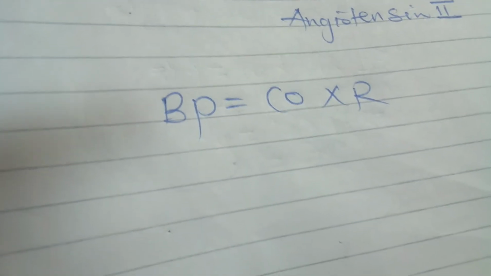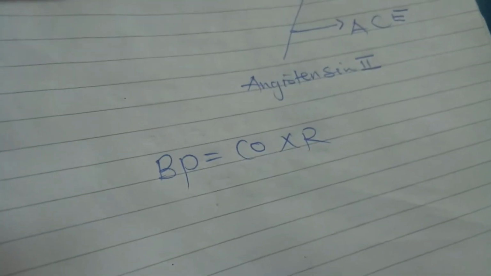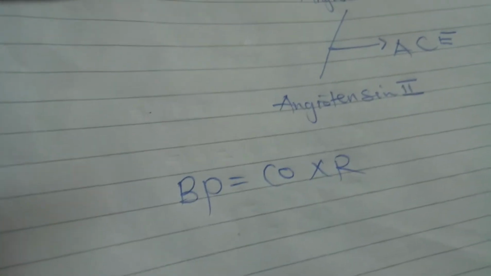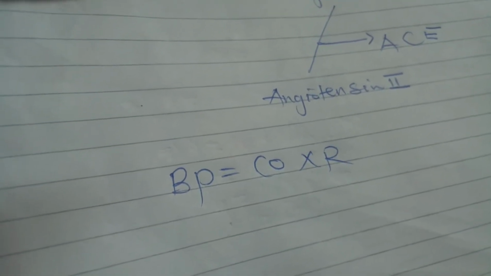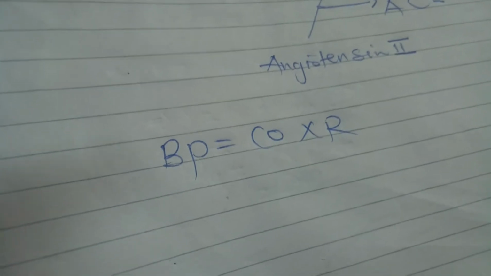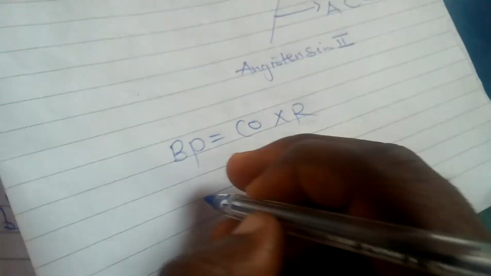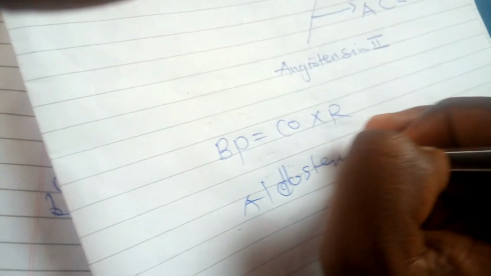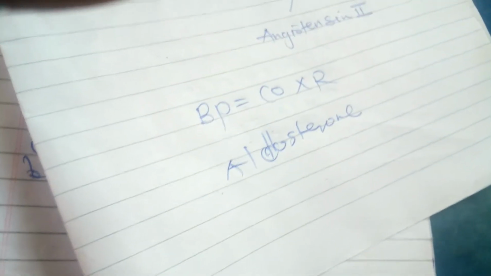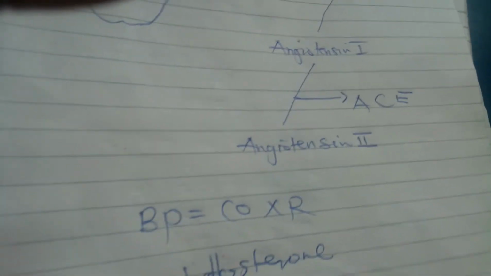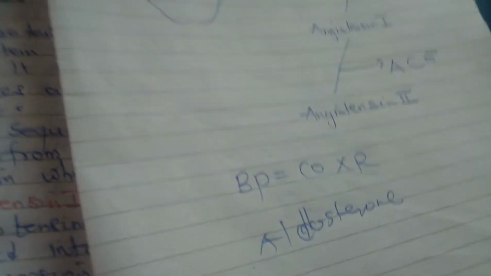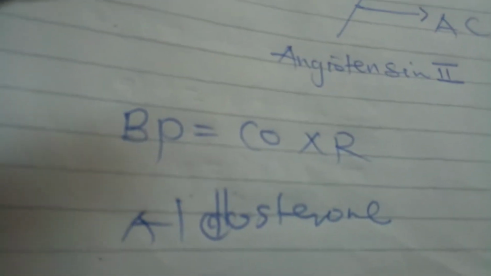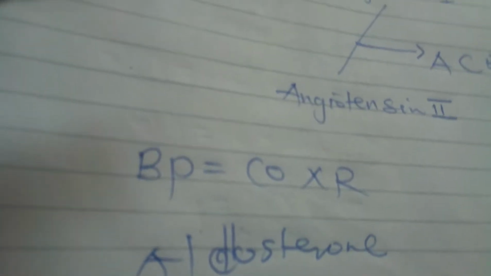Now, another function of angiotensin 2 is that it has the ability to cause the release of aldosterone. When angiotensin 2 is released, it acts on the adrenal gland.